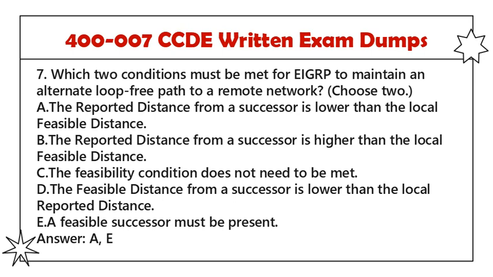C. The feasibility condition does not need to be met. D. The feasible distance from a successor is lower than the local reported distance. E. A feasible successor must be present. Answer: A, E.